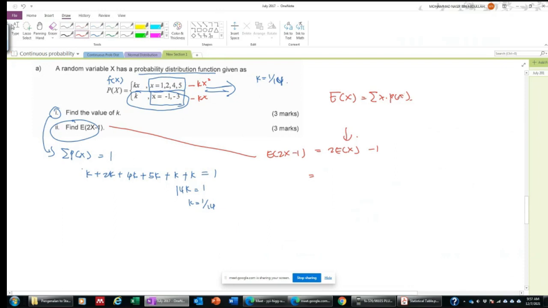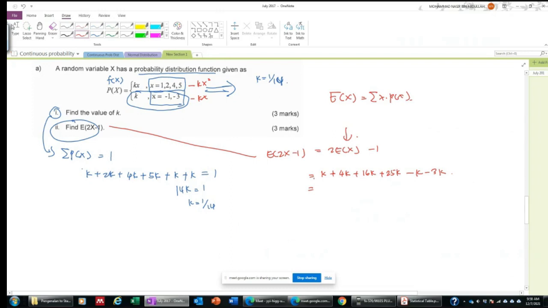So to calculate the expected value, we need to multiply with x. So this one should be k when x equal to 1, plus when x equal to 2 is 4k, x equal to 4, 16k, when x equal to 5 is 25k. And then for kx, when x equal to -1 is negative k, when x equal to -3, negative 3k. We do it this way, later we substitute 1 over 14.